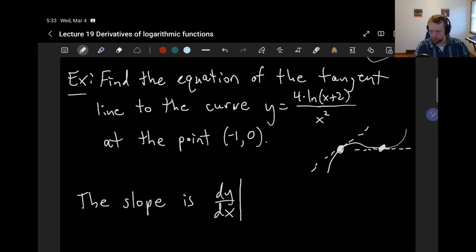When you're trying to evaluate it at a particular point, you draw this big vertical bar next to it, and then as a little subscript next to it, you write the description of the point. In this case, it's the x value that matters. So the derivative of y with respect to x evaluated at x equals -1.